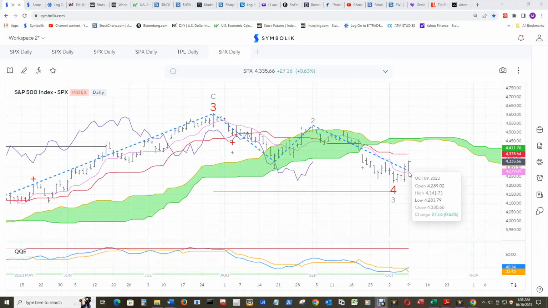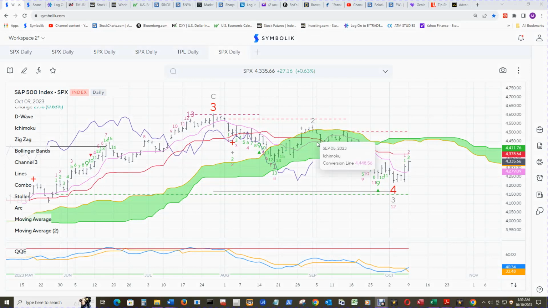And the zigzag moved to the bottom of yesterday's bar on the 9th, so it has a few more days of this similar price action of higher lows and possibly higher highs, mainly higher lows. And there will be a swing point here to the upside.